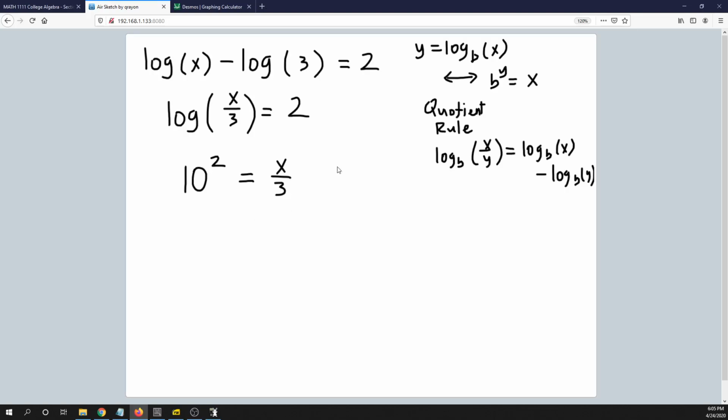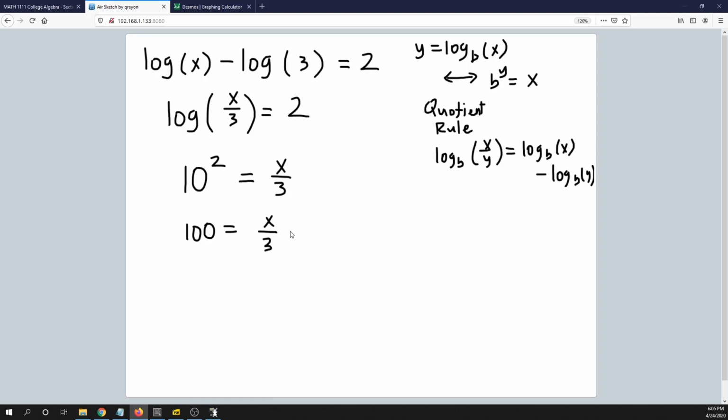And so now you can see all the logs are gone. We can just solve this like we've been solving the other equations in our class. So the first step would be to simplify everything on both sides. So 10 squared is 100. Each side is as simple as I can get it. So then I would add or subtract to get all the x terms on one side, all the non-x terms on the other side.